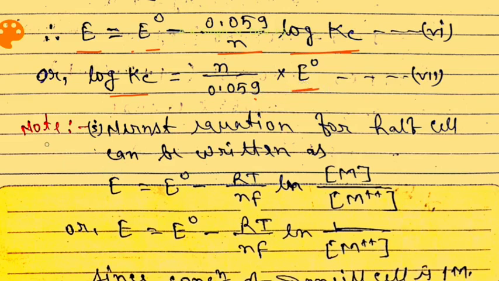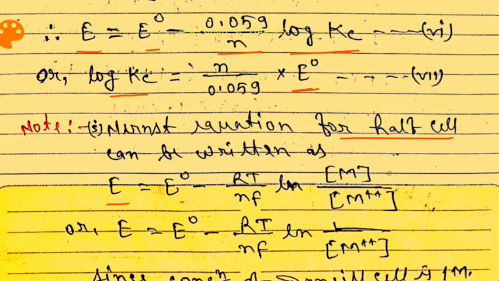Note the next equation for half cell, because you have read there are two half cells in the Daniell cell, one is the oxidation cell and the other is the reduction cell. So for the oxidation cell, E is equal to E naught minus RT by nF ln concentration of metal compound by concentration of metal ion, meaning concentration of, suppose, copper sulfate by concentration of copper ion.